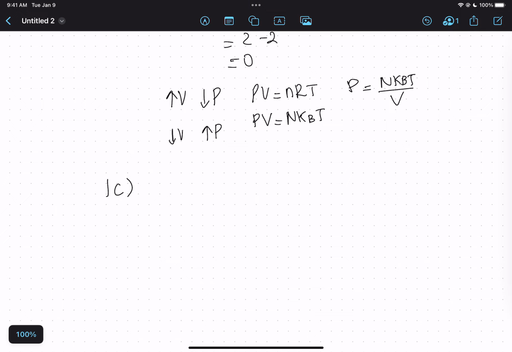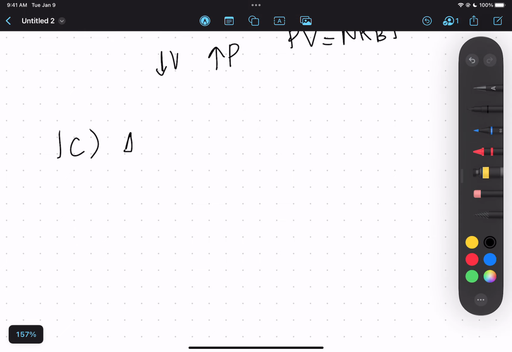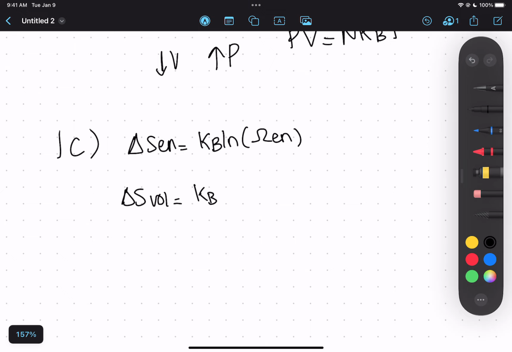The components of that: for your energetic entropy, we're looking at the equation k_B ln of your energetic multiplicity, and for your volumetric entropy, k_B ln of your volumetric multiplicity.